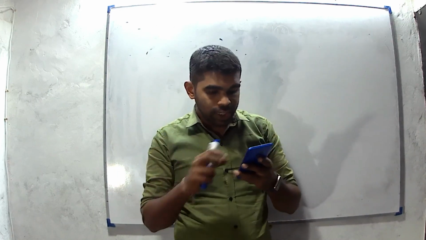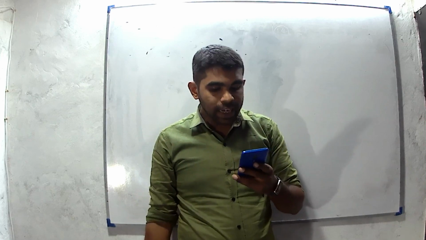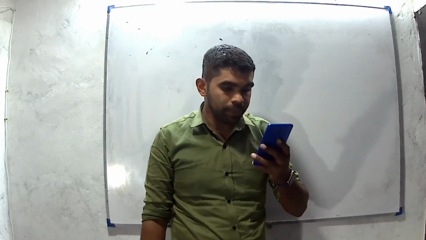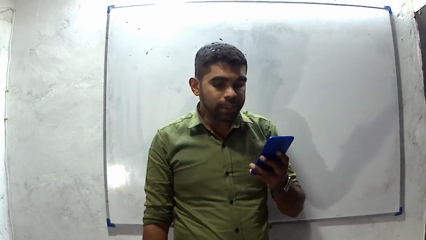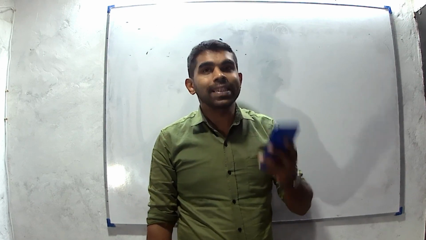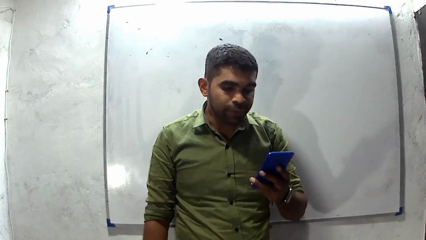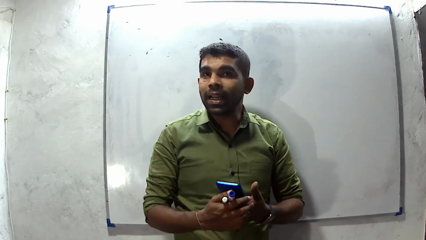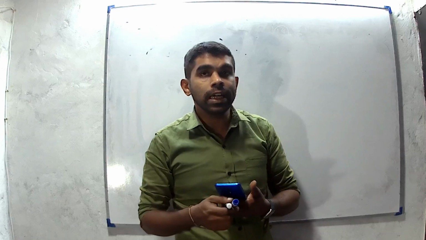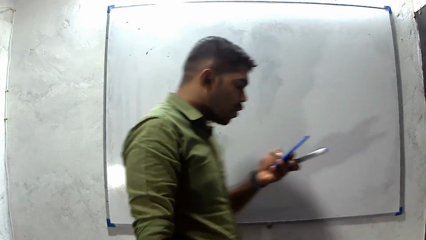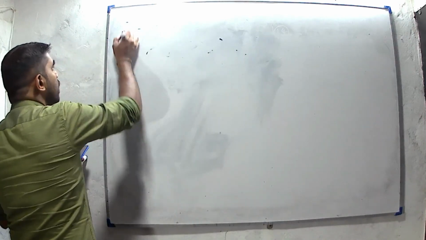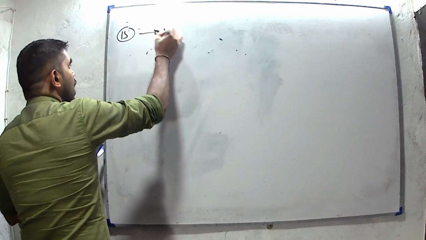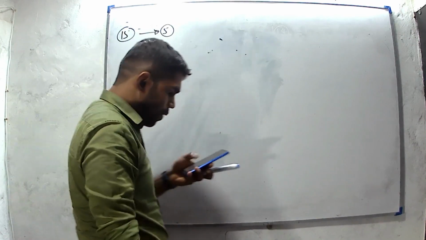Then the third answer, seconds, is the SI unit of time. Fourth answer, ampere, is the SI unit of electric current. Fifth answer is kilo, written as a simple K. Simple K means kilo. It is not an SI unit. Therefore the answer is 5 for question number 15.